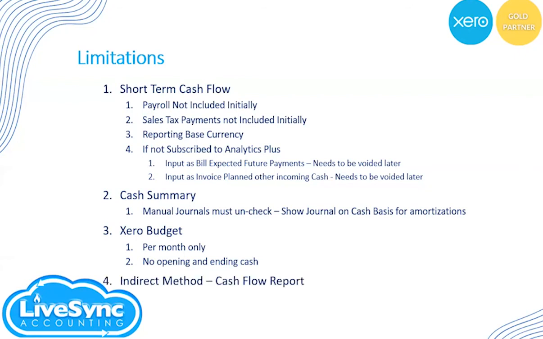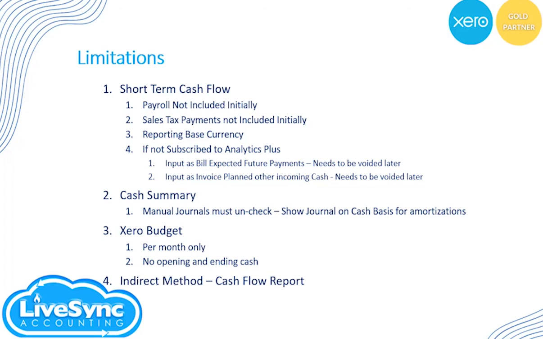Then finally, direct method cash flow. The limitation is that if you're doing management reporting, it's not part of your management reporting package. So therefore, you need to export this separately and submit this as an addendum to your management reporting package. Okay? My theory is that when Xero was initially creating the management report package, the only cash flow report, I think in 2016, was the cash summary.